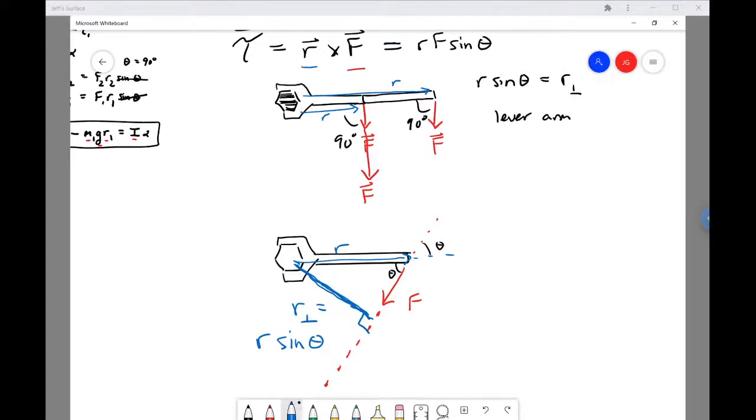This triangle I drew in here is a right triangle, and this side labeled R perpendicular is the hypotenuse times sine theta.